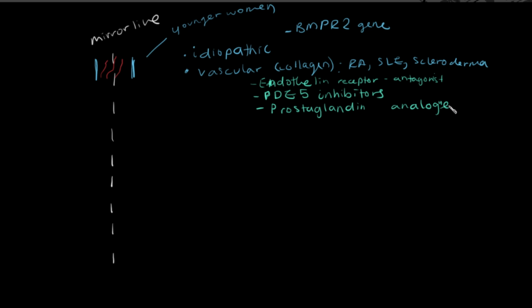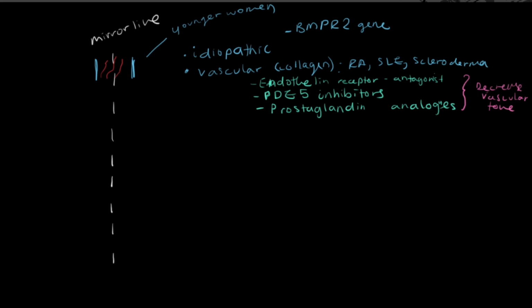What these in effect try to do is decrease vascular tone. And if you remember, if you constrict your arterioles, then you increase the resistance. In this way, we're trying to decrease the resistance in those vessels and therefore decrease the pulmonary artery pressures.